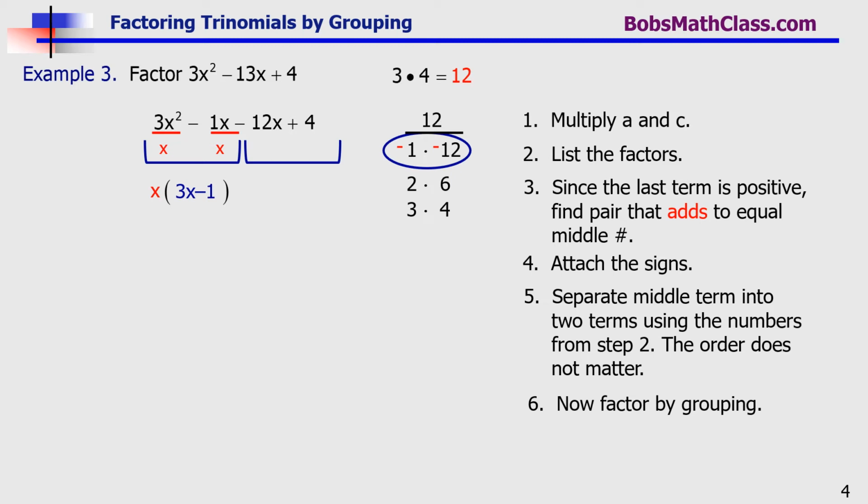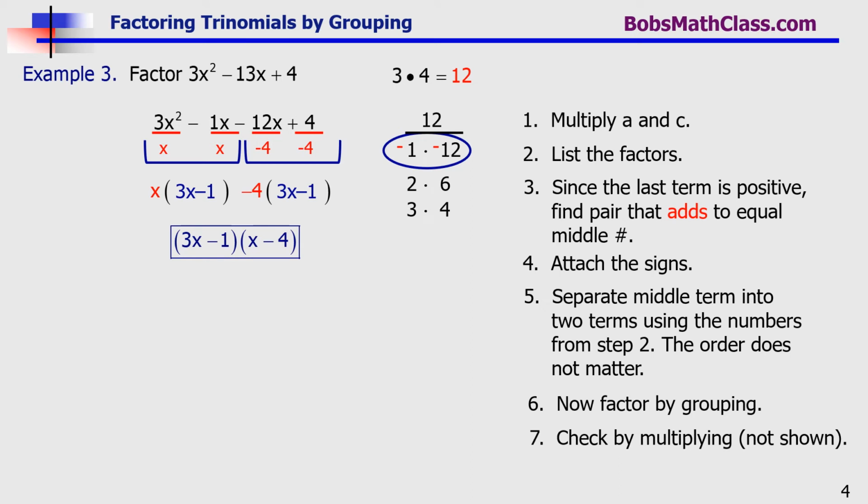For 12 and 4, it'll be 4, and since the first term is negative, it'll be negative 4. And then our binomial is the same, 3x minus 1. Again, you should check by multiplying. I'm not going to show it here, but you could easily show that when you FOIL, you'll get the original trinomial.